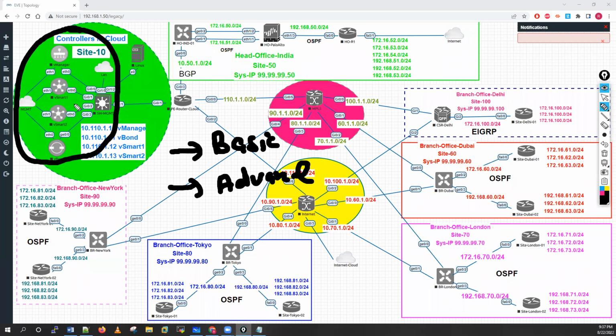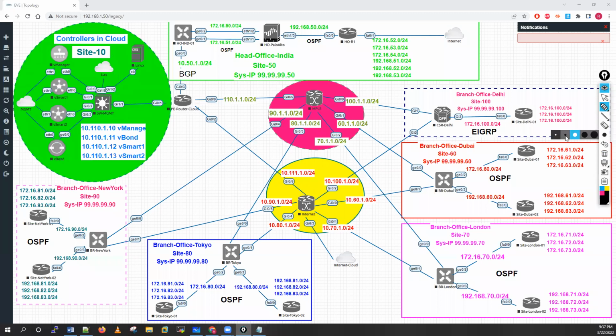I will put three vManage, three vSmart, three vBond, such kind of redundancy labs. I will put a few VMs there also. This topology is also ready, and I will use it for some of the labs. So this is, guys, all for today's session. Now let me just stop the recording.